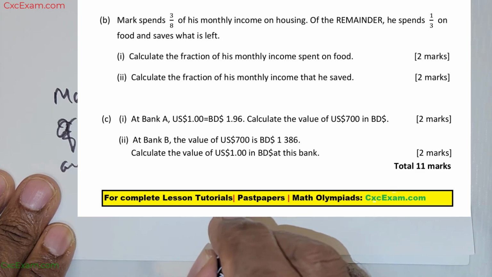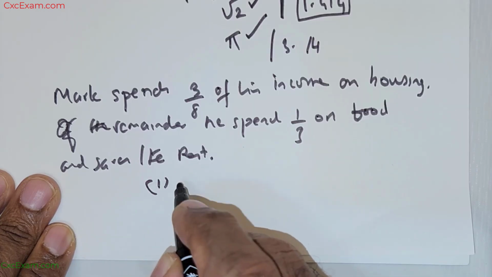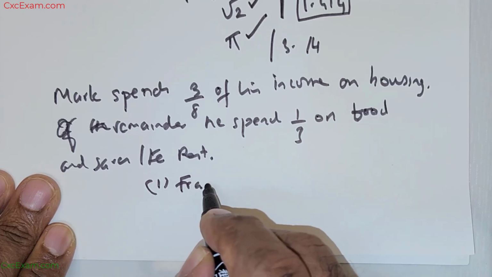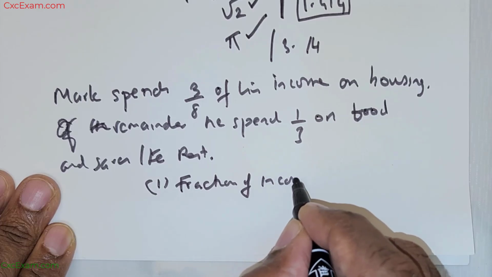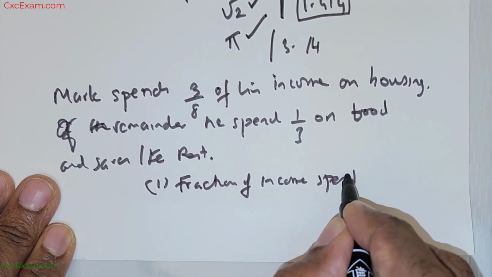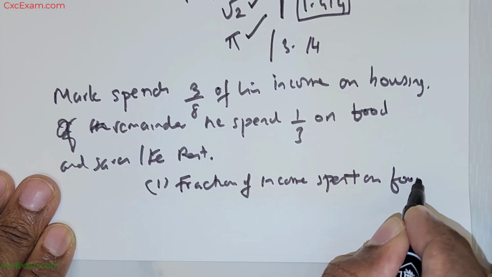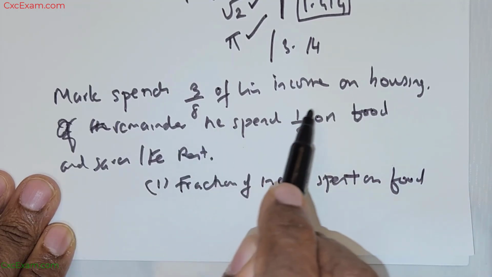Now the question wants us to find the fraction of income spent on food.